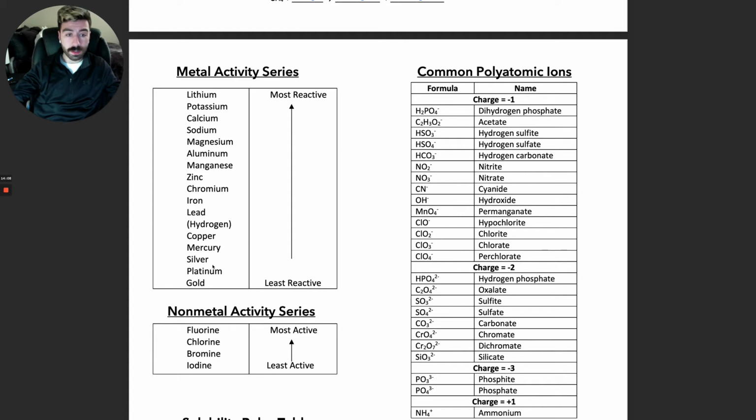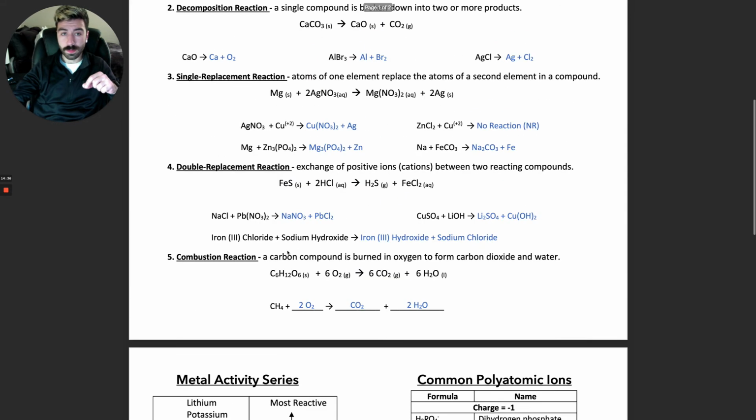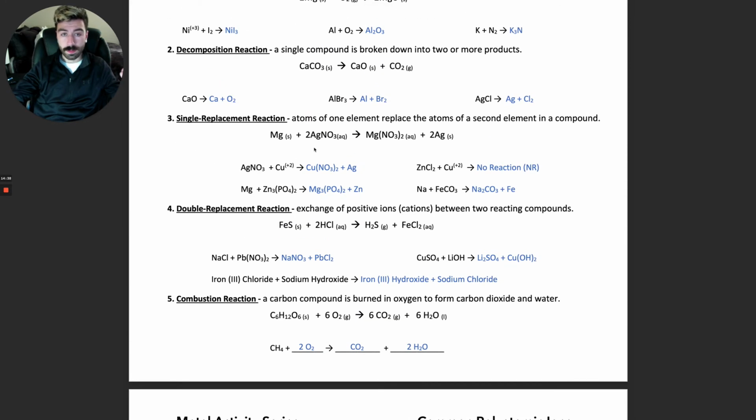And so here, magnesium was replacing silver. And in this case, magnesium is more reactive than silver. The most reactive metals are at the top, the least reactive metals are at the bottom. So a single replacement reaction will only happen if the metal that is doing the replacing is higher on this list than the metal being replaced. And since magnesium is higher than silver, it works.